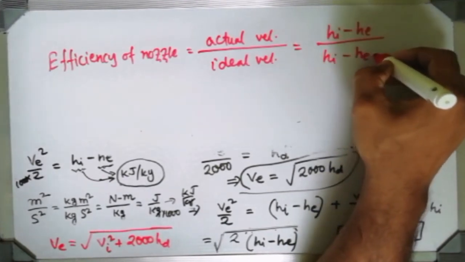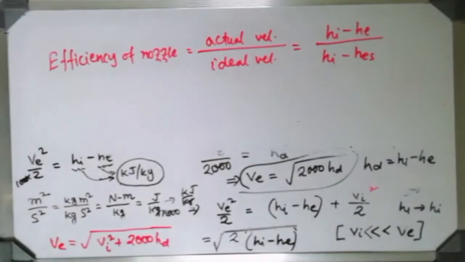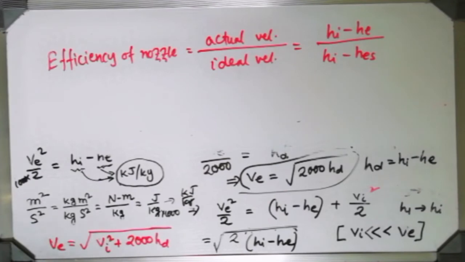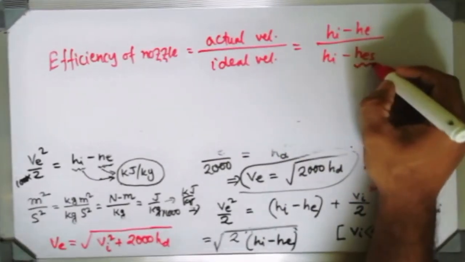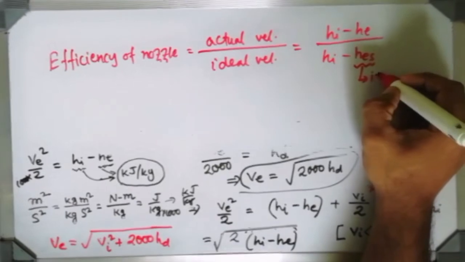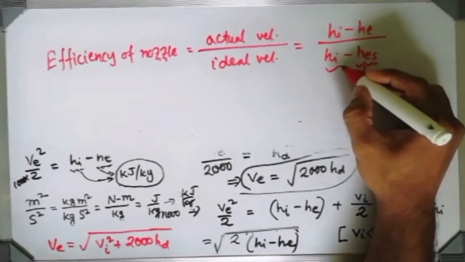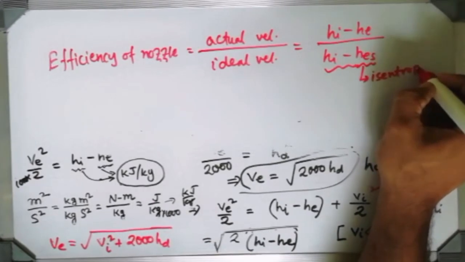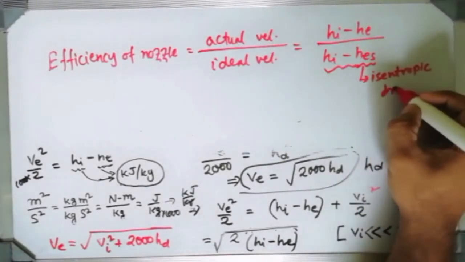What is this ES? If the ideal process is executed, then that is the isentropic process. In case of isentropic process, that is the enthalpy drop. Isentropic process, that means the ideal case.